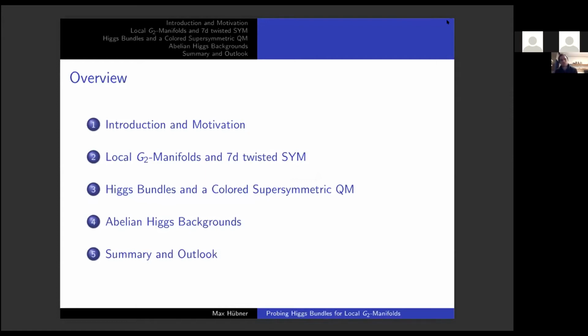This will give rise to some Higgs bundles, and these Higgs bundles will encode the 4-dimensional physics, and we'll extract the 4-dimensional physics using this colored supersymmetric quantum mechanics. We'll do so explicitly for abelian Higgs field configurations, and after discussing that, I'll end with a summary and an outlook.